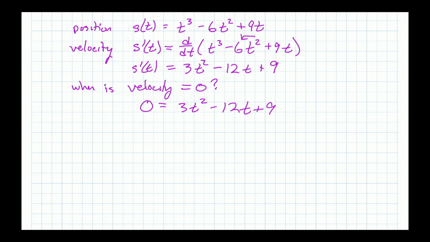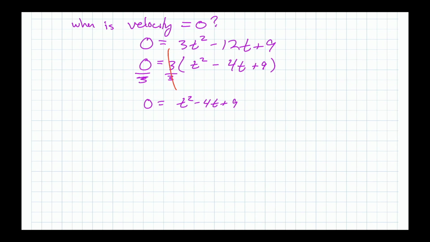And then we have to factor. Again, feel free to use a computer. I'm not, because this looks pretty easy. So I'll factor out a 3. Then if you divide both sides by 3, you can cancel it and just get 0 equals t squared minus 4t plus 9.